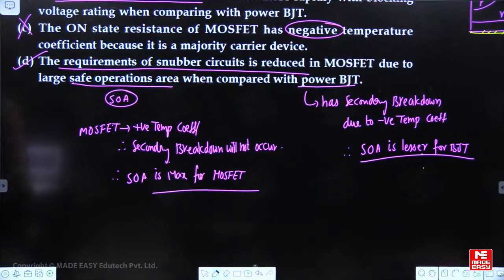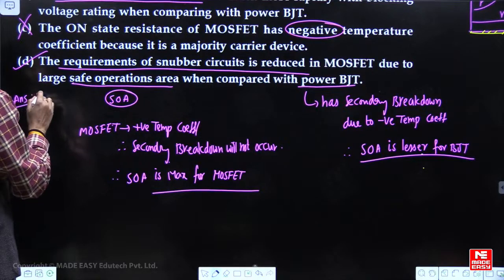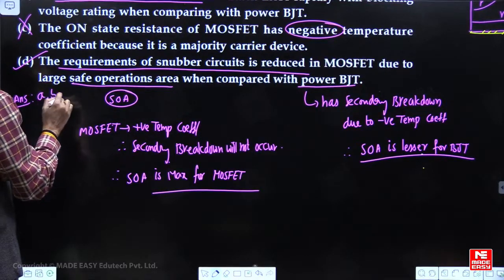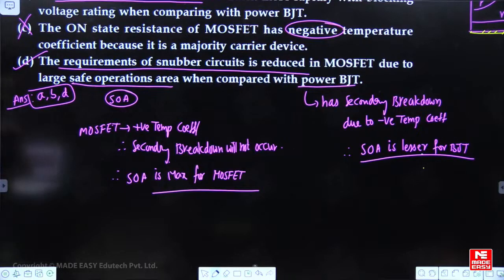So what are the answers? A, B and D. So you have three statements correct here. Dear students, three statements are correct: A, B and D.